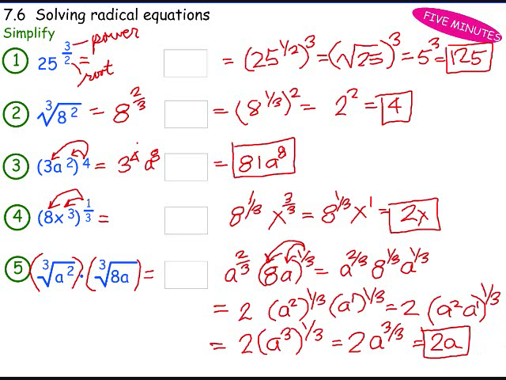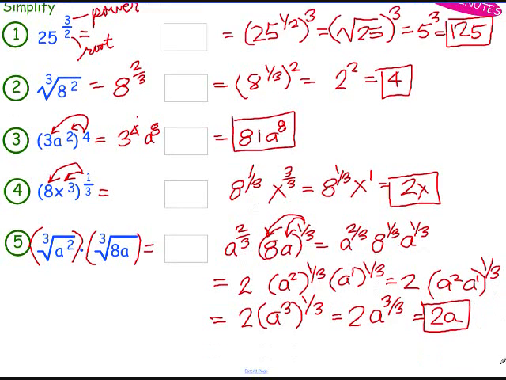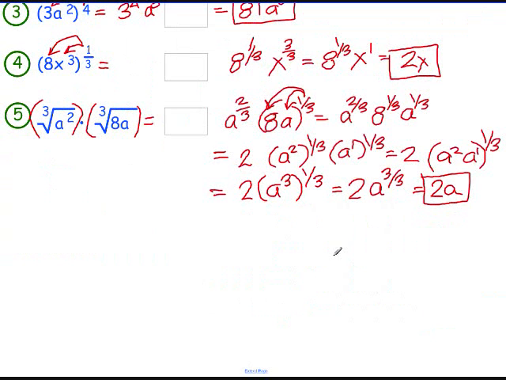And I think I heard you out there telling me something a few minutes ago. I'm going to extend this page because you probably remembered that as long as you have two exponential expressions with the same base, they're being multiplied together, what do you do? You simply add the exponents.